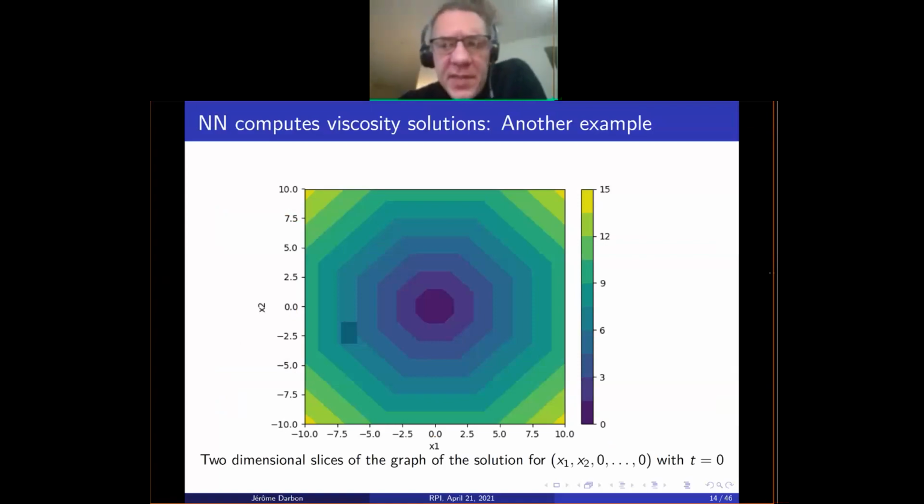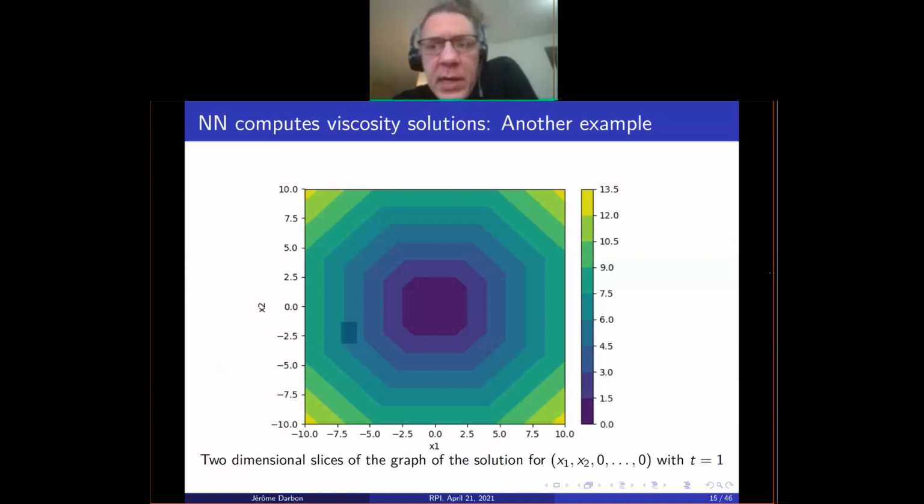So this is the initial data when t equals 0, and this is the solution that you can compute using the neural network architecture.